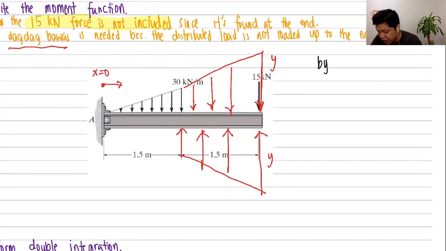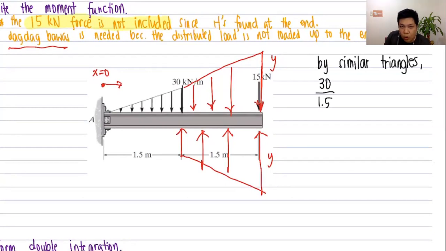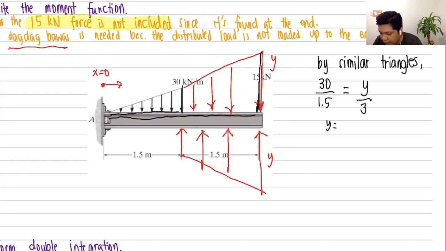So using similar triangles, I can say that I have 30 over 1.5 is equal to y, the larger triangle, all over this entire length, which is 3. Can you see the similar triangles? Therefore, y is equal to 60 kilonewtons per meter. So this is equivalent to 60.